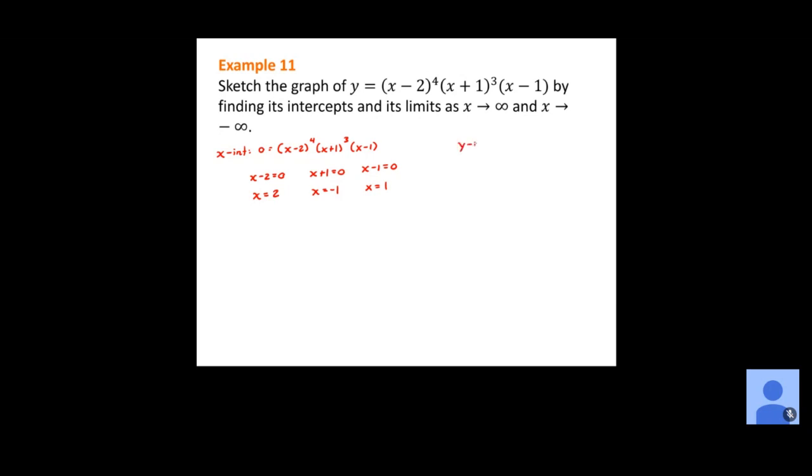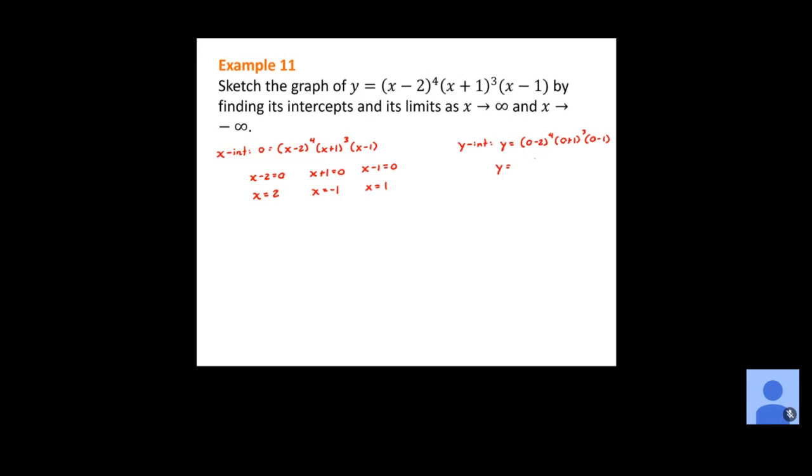Now, how do we find y-intercepts? Okay, good. Plug in 0 for the x value now. So we're looking for the y value when x is equal to 0. So it's going to be 0 minus 2 to the fourth, 0 plus 1 to the third, times 0 minus 1. All right, so if we simplify this now, this is negative 2 to the fourth power.